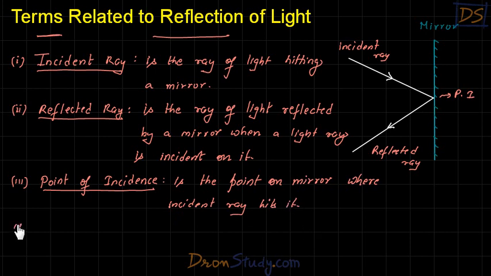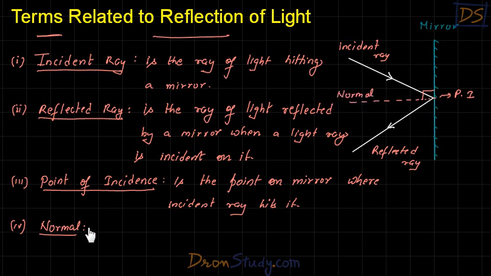Now the next term is normal. This is a very simple term once again. Please look at it carefully. This is the mirror, and this is the point of incidence. If you draw a line here at the point of incidence such that this line is perpendicular to the mirror, then this line will be called normal.